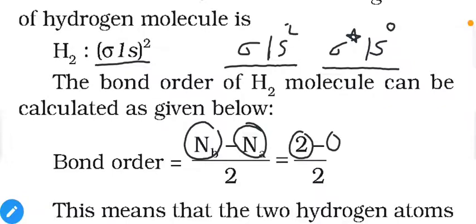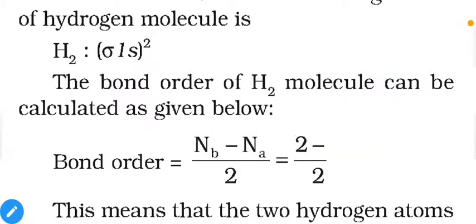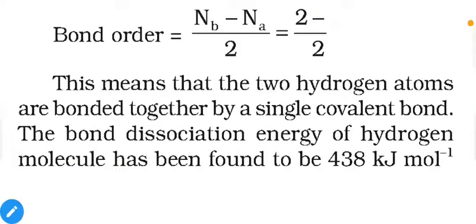So (2 minus 0) divided by 2 is equal to 1. This represents that between the two hydrogen atoms there is a single bond, as mentioned here.